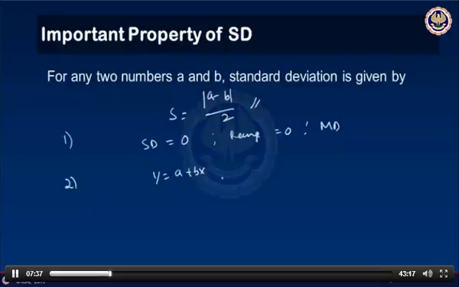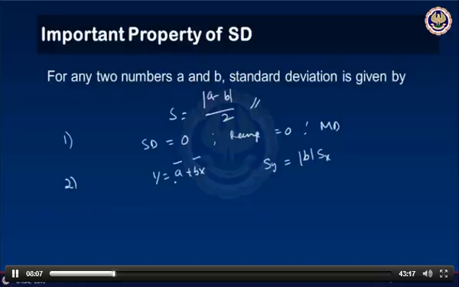Then SD of y is given by modulus of b times standard deviation of x. This property applies to mean deviation, range, standard deviation, and also quartile deviation, which we will discuss further. What I want to say here is, a is called the origin and b is called the scale.